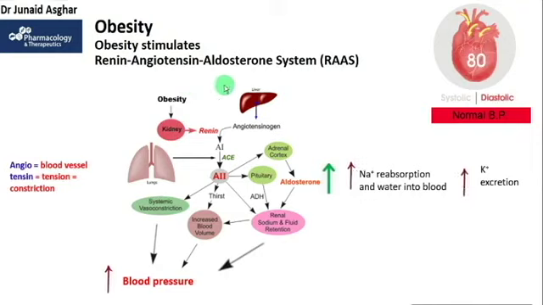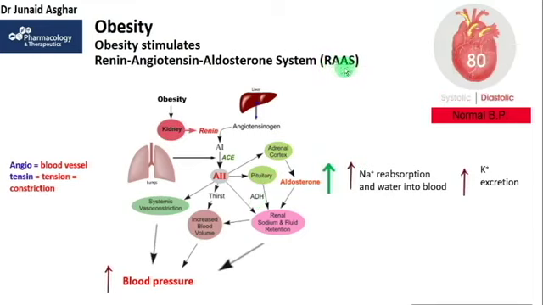Now let me draw your attention to a very interesting point. Although the system is known as RAAS, or Renin-Angiotensin-Aldosterone system, with two A's, one A is for angiotensin and the other one is for aldosterone. On a lighter side, we could add one more A to it, and that A would be for ADH or antidiuretic hormone.